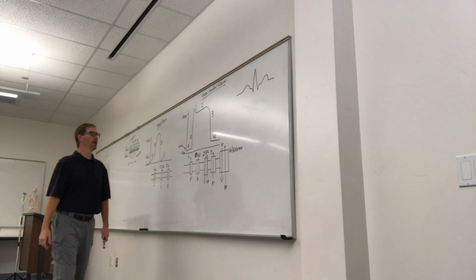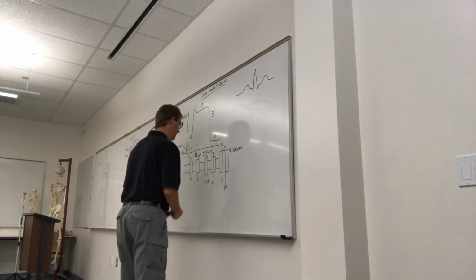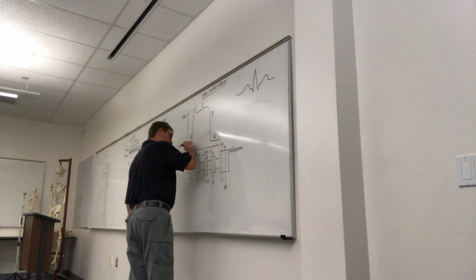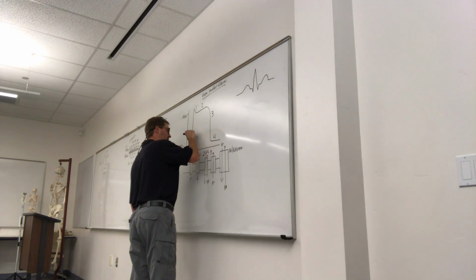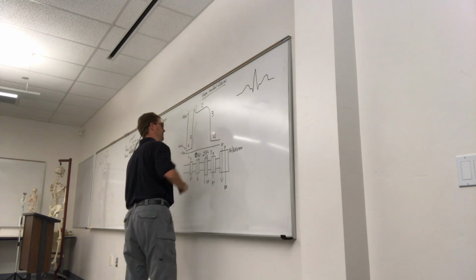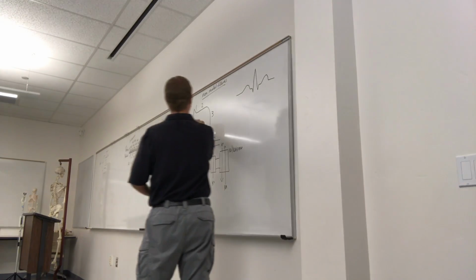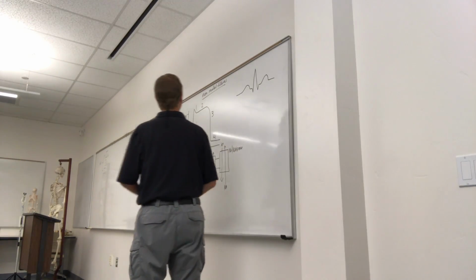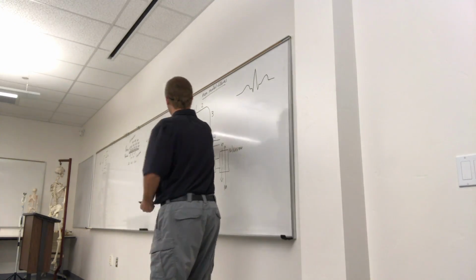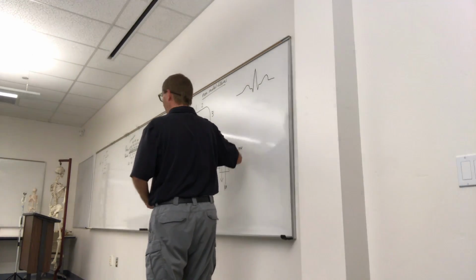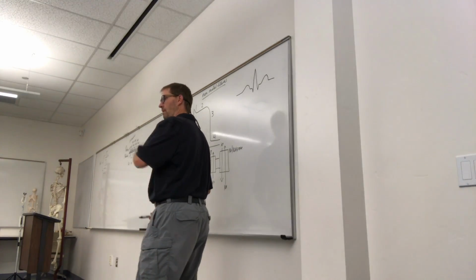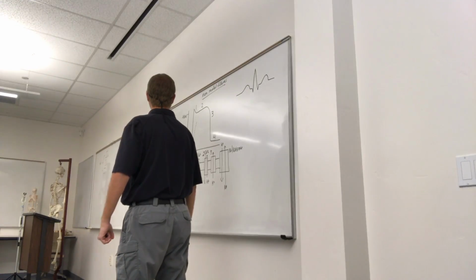What the 1A agents tend to do is decrease the slope of phase 0, like this, and that causes a prolongation of the action potential. Yes, sir? And it's for the non-nodal tissues, for that one?